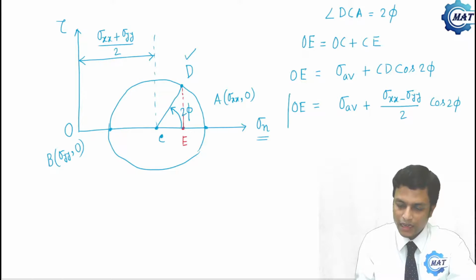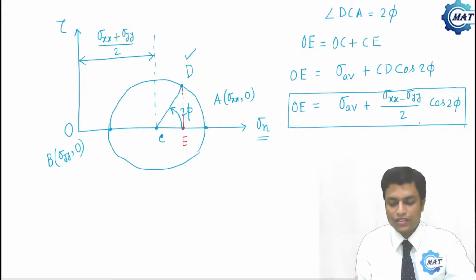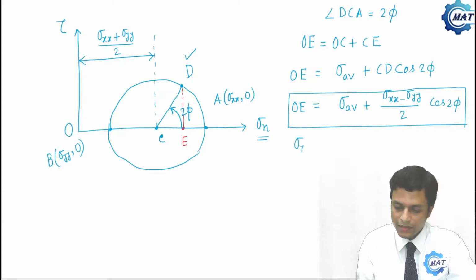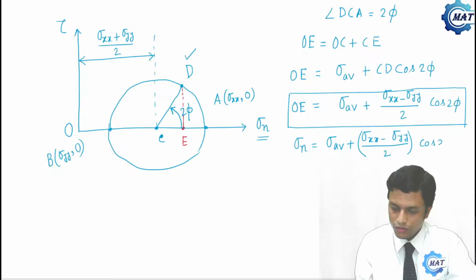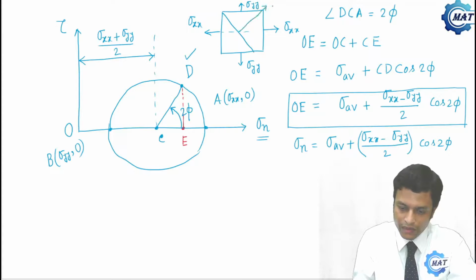It was the same: sigma average plus (sigma XX minus sigma YY) by 2 cos 2 phi, for the plane whose normal makes an angle phi with x.